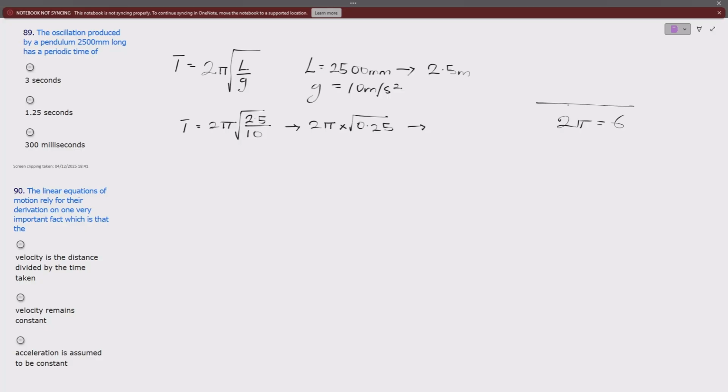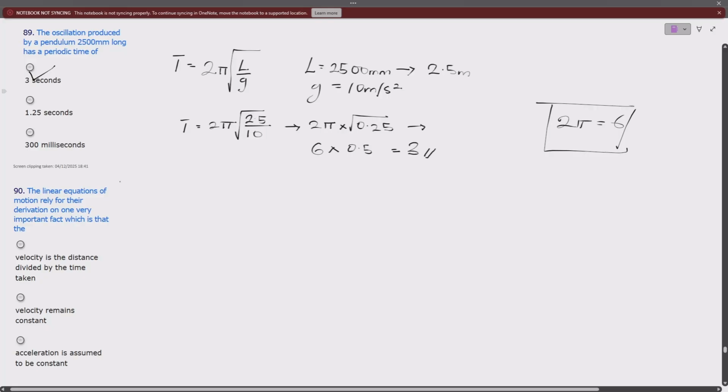Always take note 2 pi equals 6. So 6 times the root of 0.25 will give you 0.5. That is 0.5, which equals 3. That is the answer.